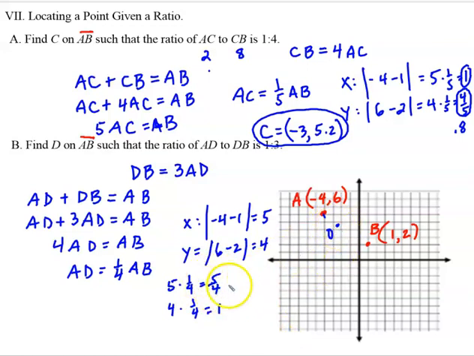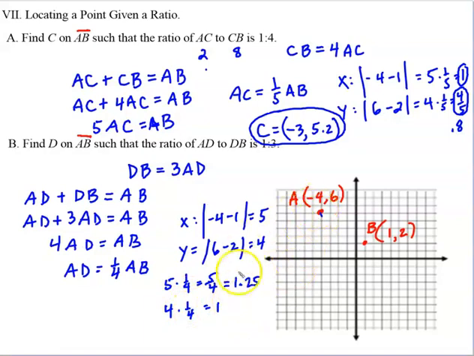We're going to add this to the x coordinate of A. We'll subtract this from the y coordinate of A, and that will give us point D. Okay, so when we add 1.25, so -4 plus 1.25, let's go down here and put our coordinates for D. -4 plus 1.25 is -2.75.